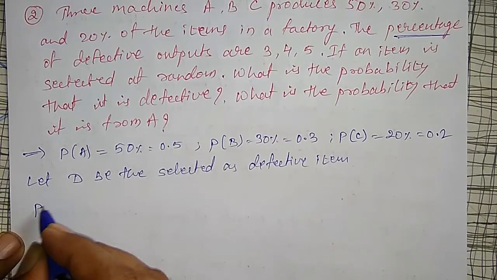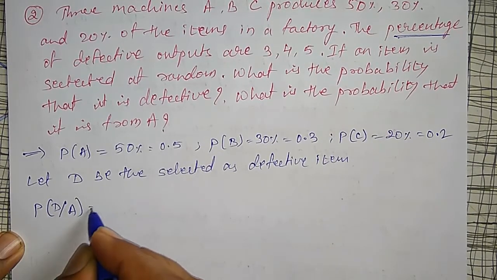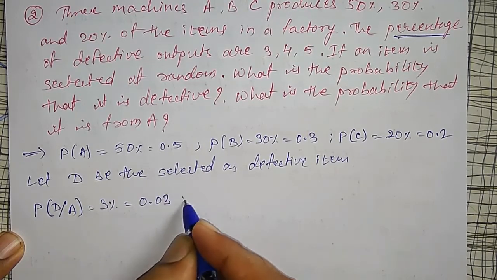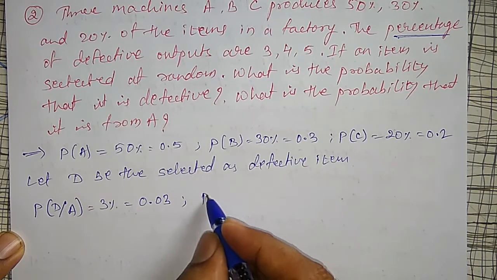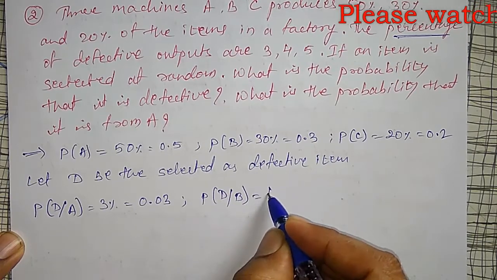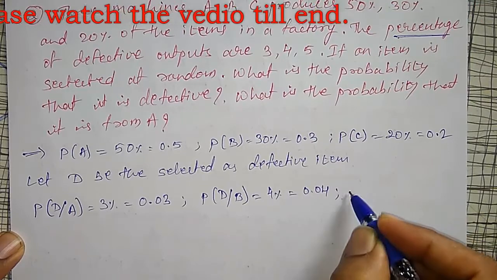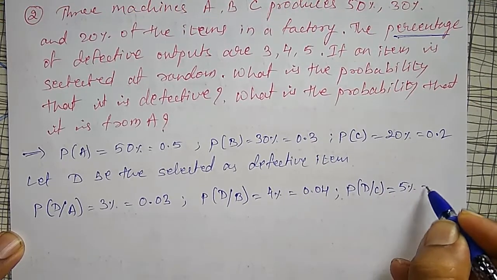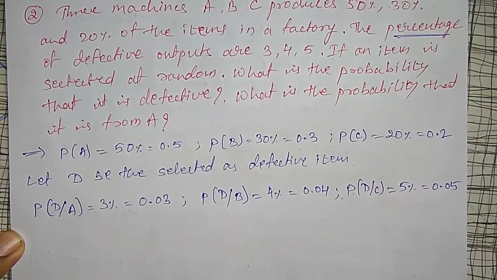Therefore, the probability of defective from machine A is 3%, 0.03, or 3 divided by 100 you can write. Then the probability of defective from machine B is 4%, that is 0.04. The probability of defective from C is 5%, 0.05. Okay, this much they have given.